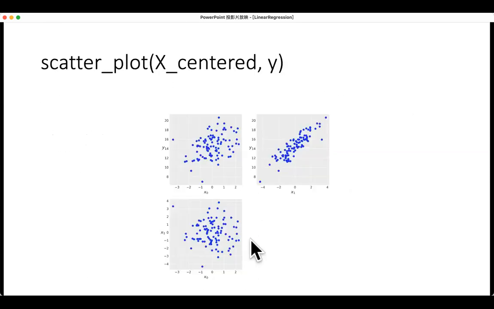Although it's not a 3D figure, I hope you get an idea. X0 and y are less dependent than x1 and y, as you can see. And x1 and x2 are pretty much independent.